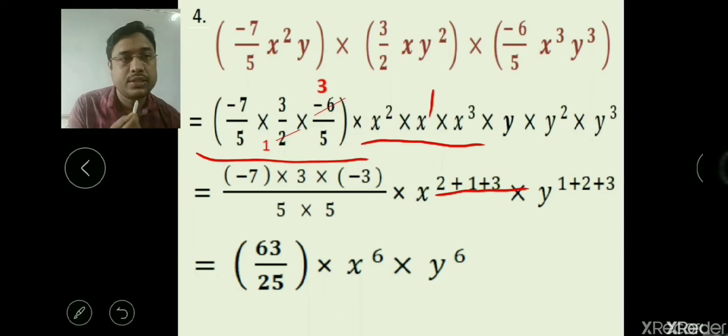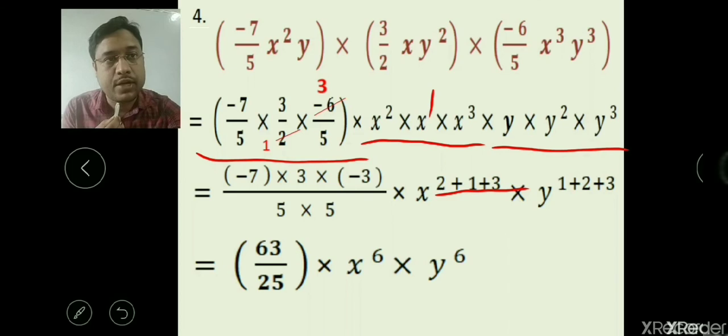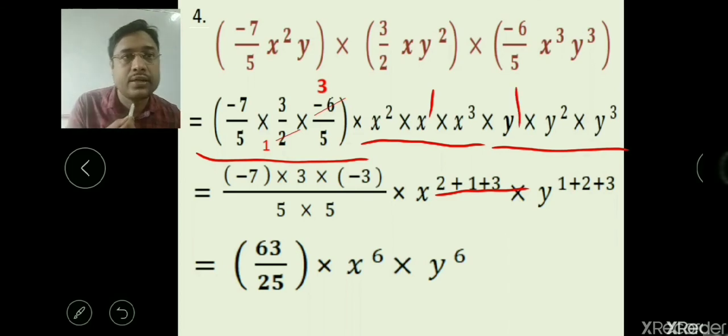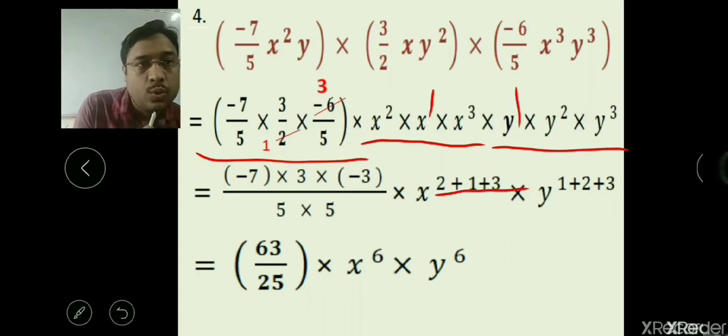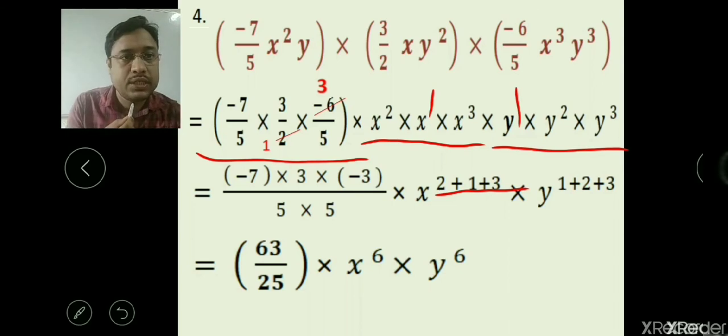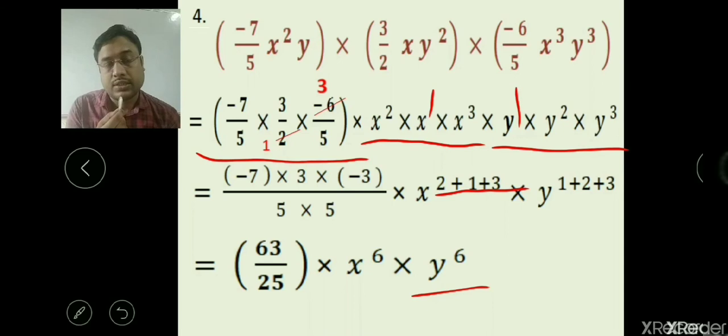So x to the power 6. Same here, the base y is the same, and you may write y to the power 1. So the result is y to the power 1 plus 2 plus 3, that is y raised to the power 6 here. So the result is 63 by 25 into x to the power 6 into y to the power 6.